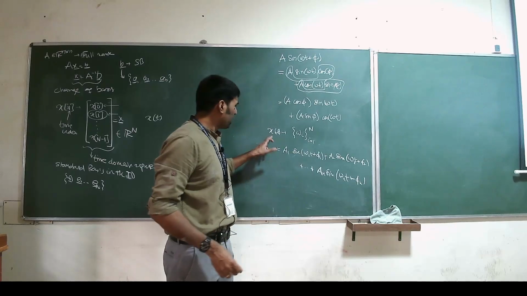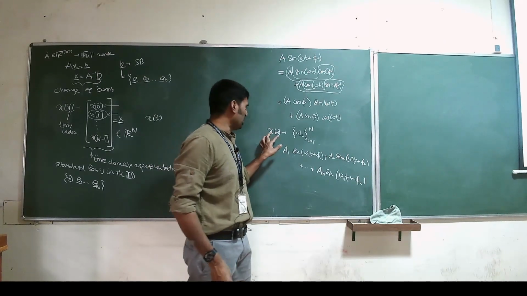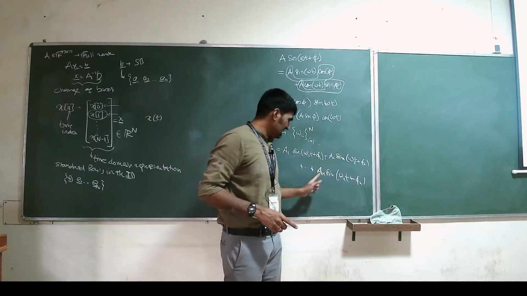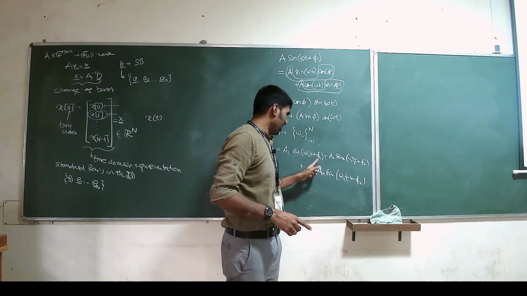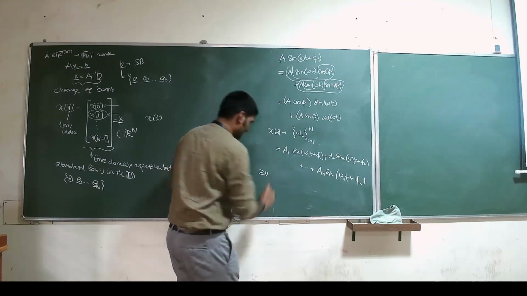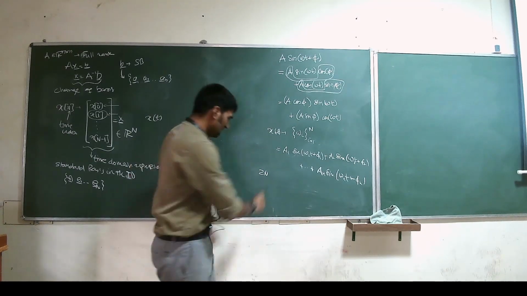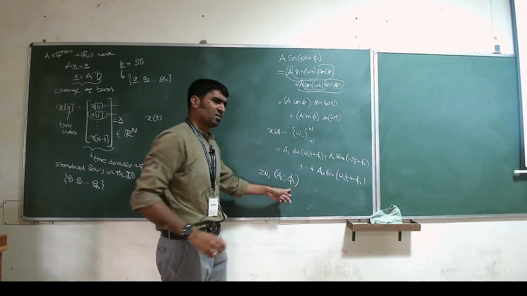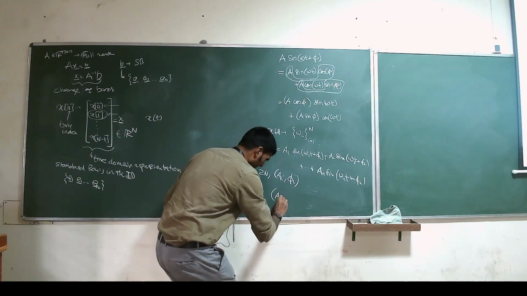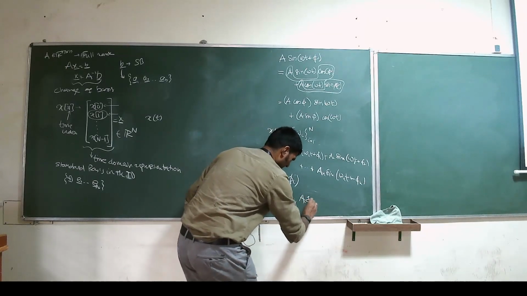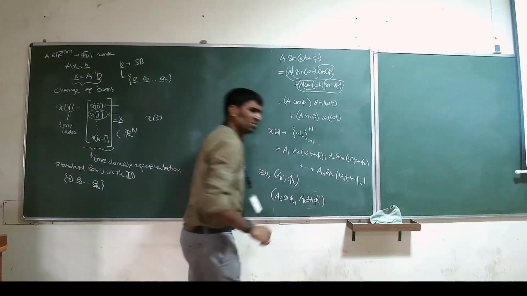So if I were to completely describe the signal to you, all I would have to give you are these Ai, A1 to An, and phi 1 to phi n, or essentially I have to give you 2n numbers. These could be Ai, phi i, or these could be Ai cos phi i, Ai sin phi i.